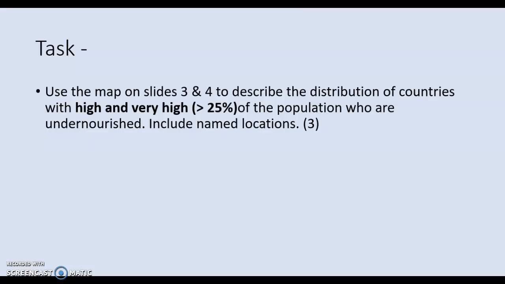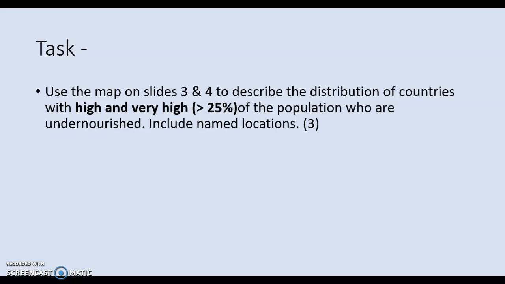So first thing, can you have a real good look at those maps and then describe the distribution. Okay, so remember, in terms of describing distribution, there's lots of terms that we use to do that. Is it uneven? Is it concentrated? Are the countries landlocked? Are they coastal?